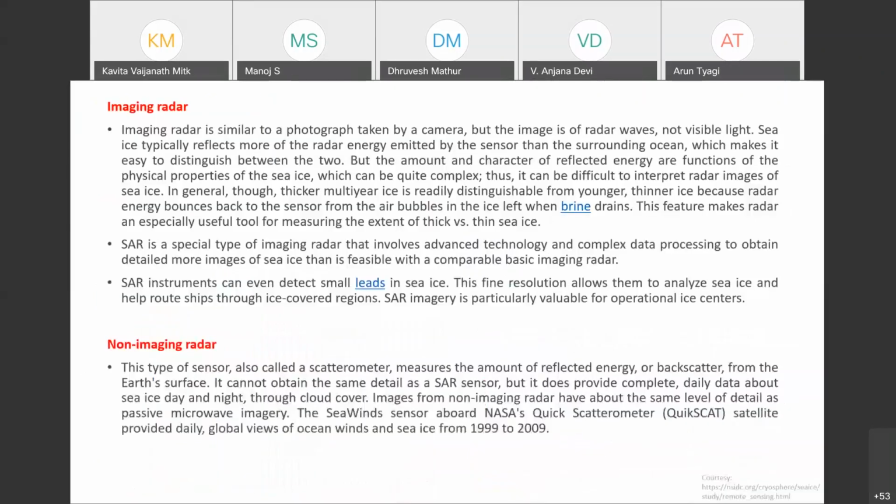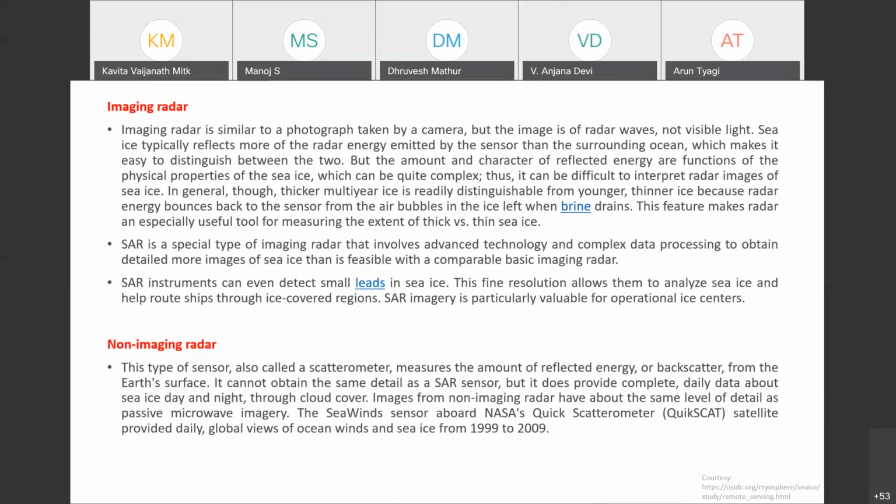First of all, imaging radar is similar to a photograph taken by a camera, but the image is of radar waves and not visible light. Sea ice typically reflects more of the radar energy emitted by the sensor than the surrounding ocean, which makes it easy to distinguish between the two.